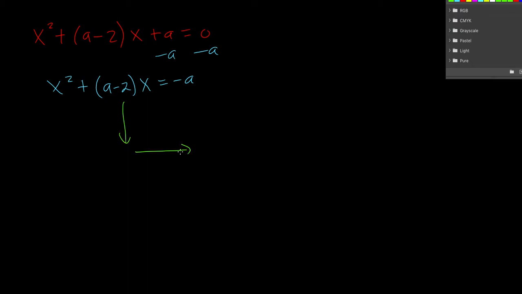So now we're going to move on to the L step. And so we divide that by 2, and then we square it. And so when we square it, we square the top, square the bottom. And I'm just going to leave it like that. Okay, we need to add this to both sides of the equation.